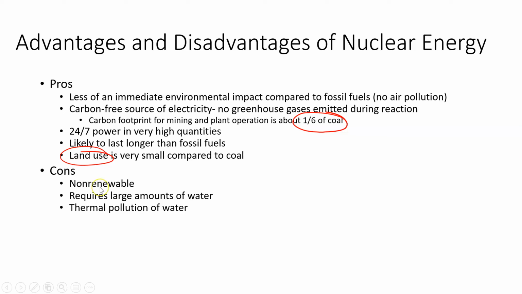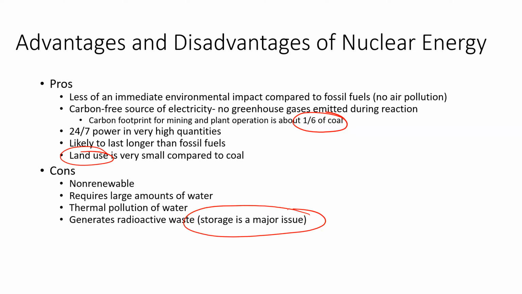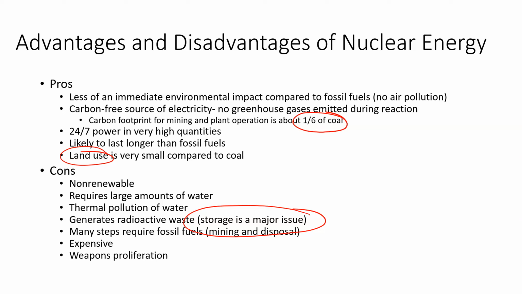We'll talk about that in Unit 9 later. We do generate radioactive waste, for which storage is a major issue, another topic we can talk about in class in greater detail. Many of the steps for mining and disposal require fossil fuels, and it's expensive. And there's the whole worry about weapons proliferation.